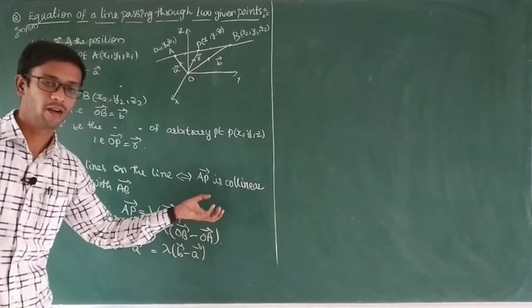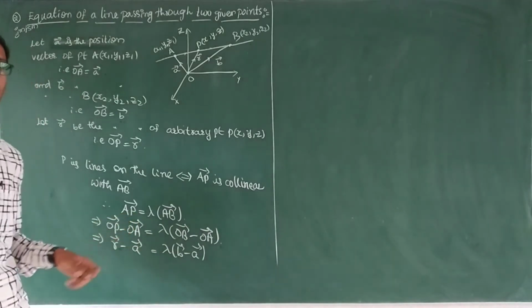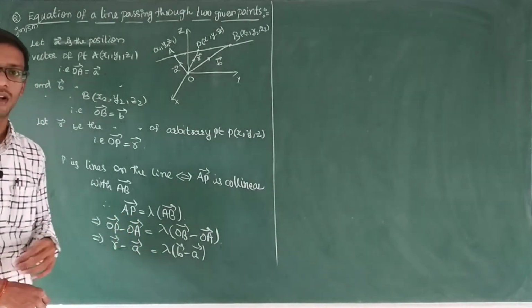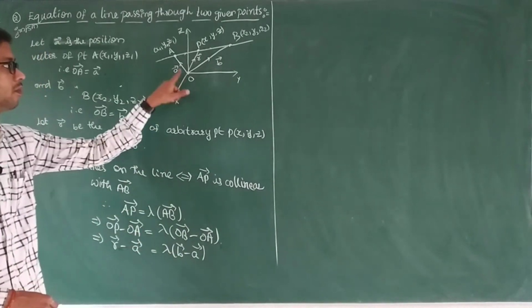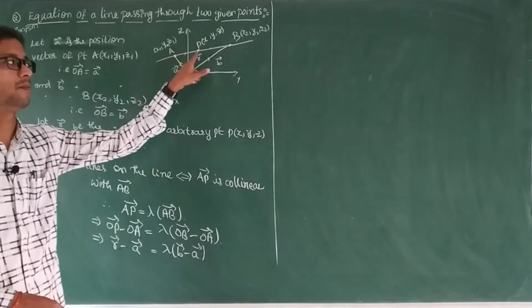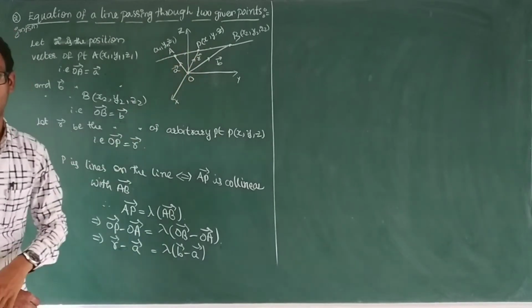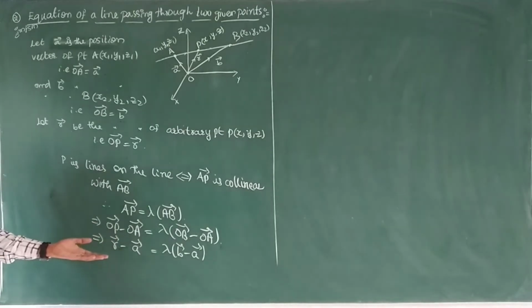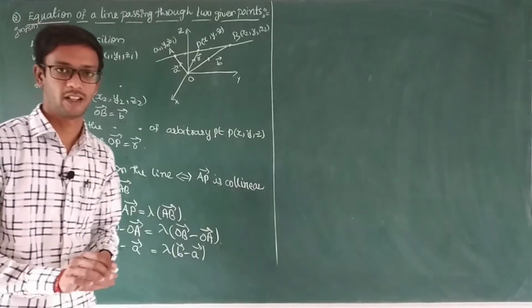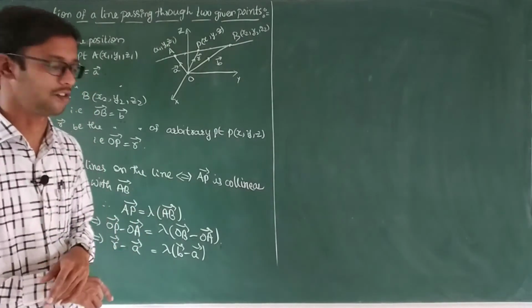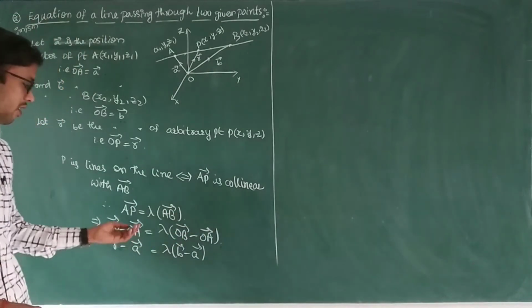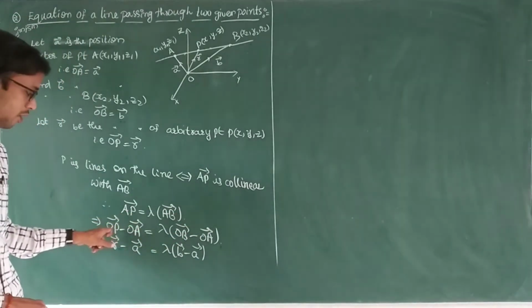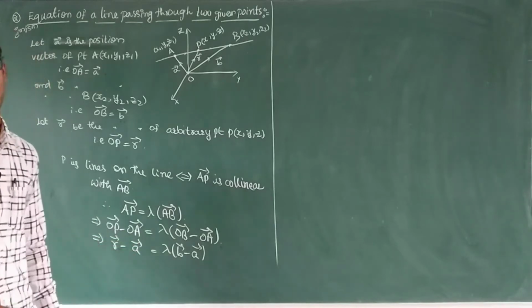We can simplify this further. AP bar plus OA bar is equal to OP bar. As in the previous theorem we discussed with the triangle law of vector addition, terminal point position vector minus initial point position vector.